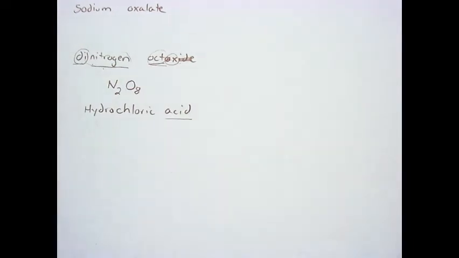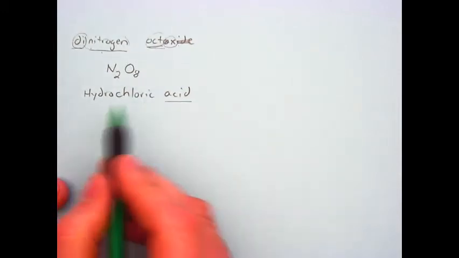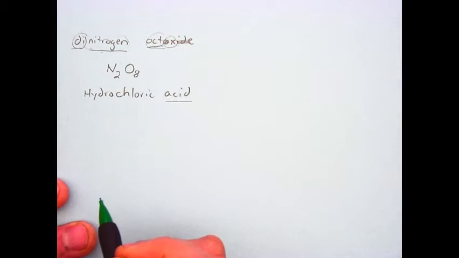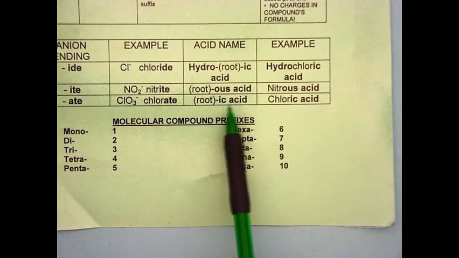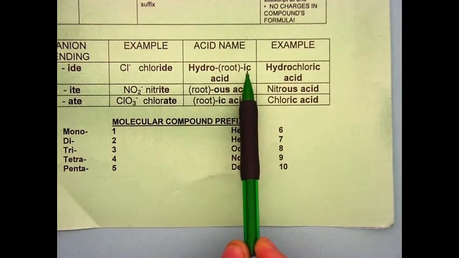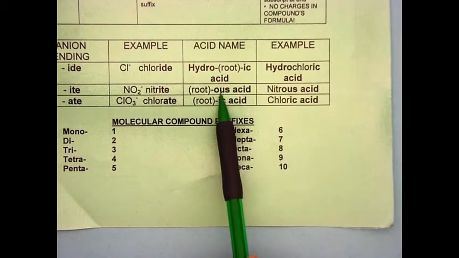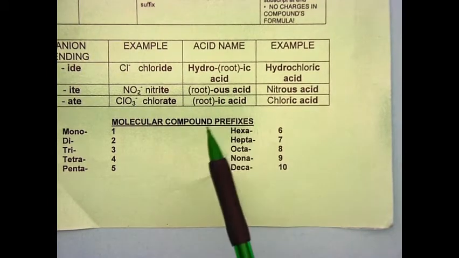Now, for acids, you're going to use the acid naming table, but backwards. For example, hydrochloric acid. The first step is you have to figure out what is the original root versus what is the add-on. If you look on the acid naming table, we see that we have three possibilities: hydro-ic acid, ous acid, or simply ic acid.